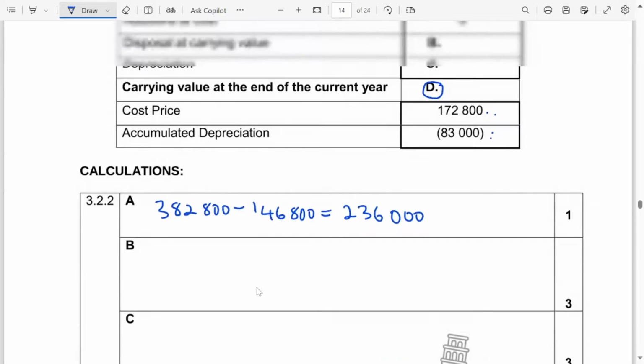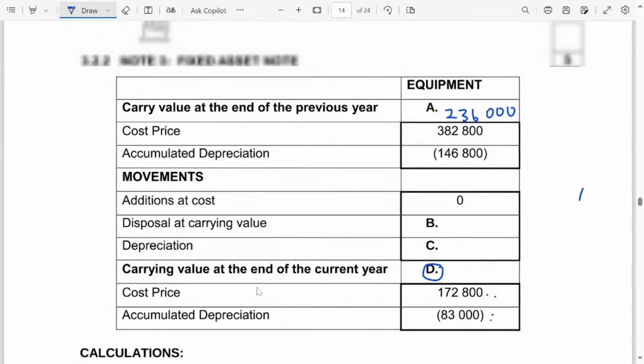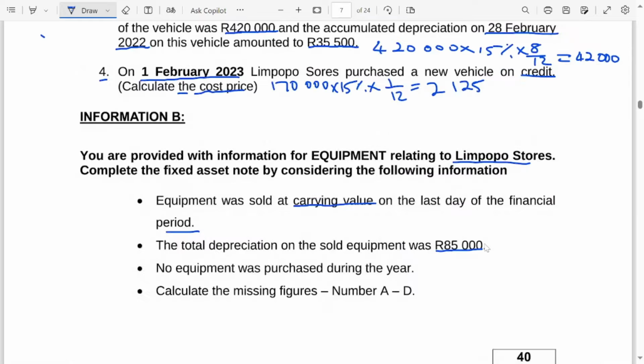Now let's come back here. Let's come to the disposal at carrying value and the depreciation, because they did not give us those. Let's come back to the information. What did they say? Equipment was sold at the carrying value on the last day of the financial year.